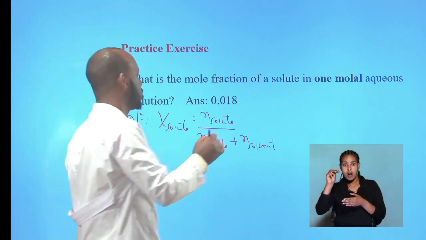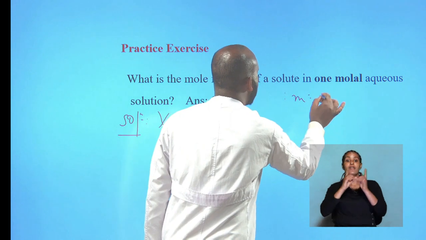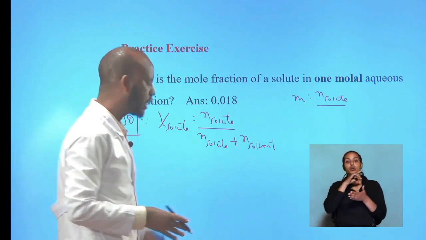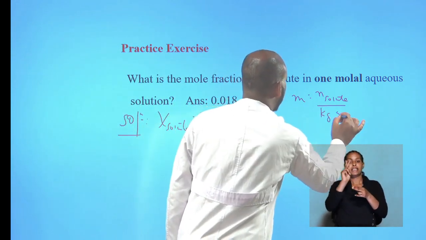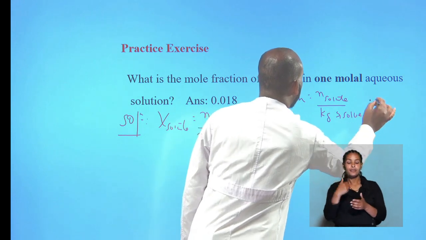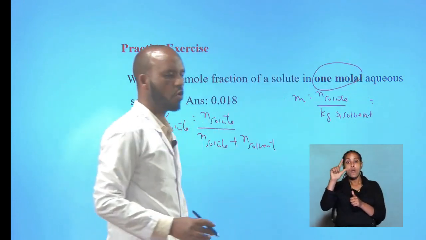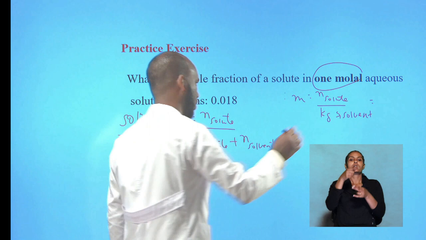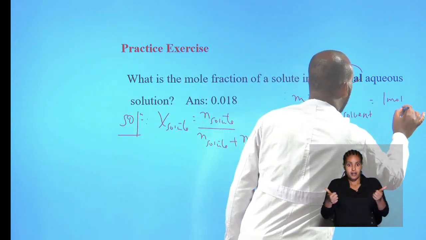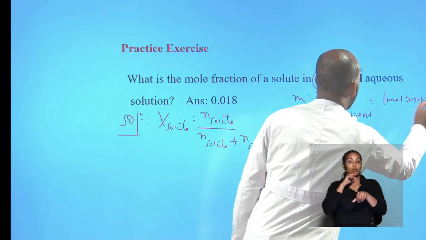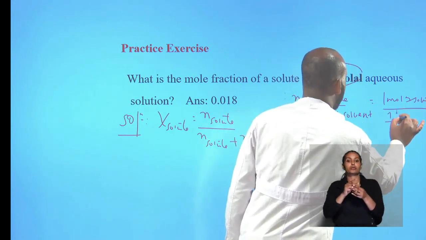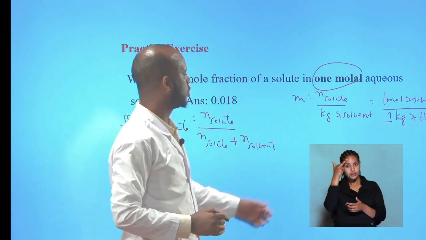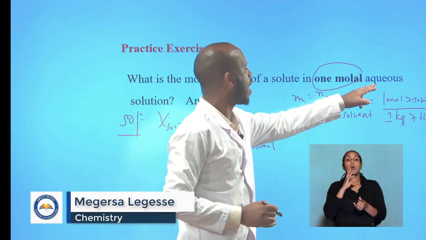As we said, molality is defined as number of moles of solute divided by mass of solvent in kilograms. 1 molal means 1 mole of solute is dissolved in 1 kilogram of solvent, 1 kg of water, because the solvent is water. It says aqueous solution.